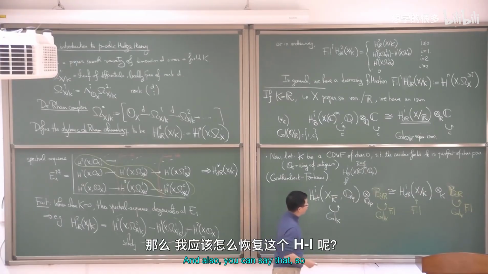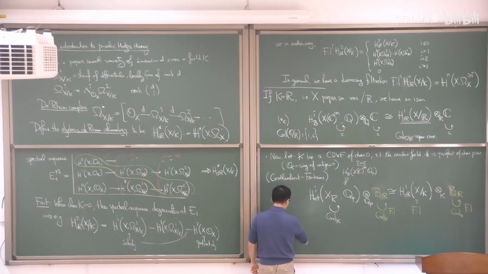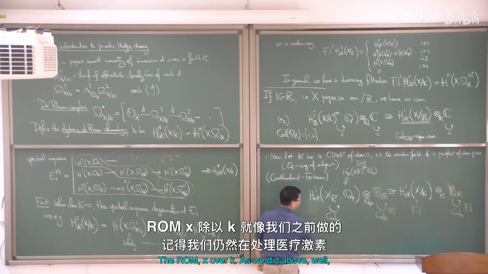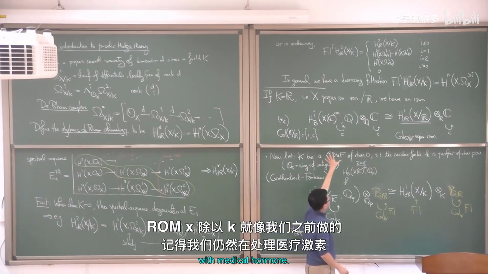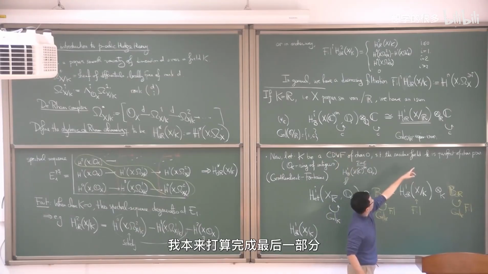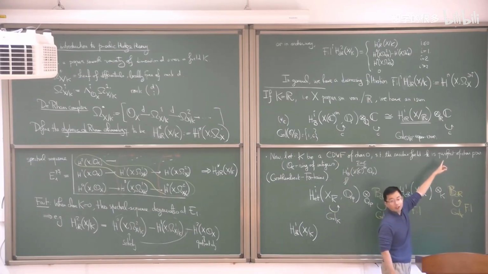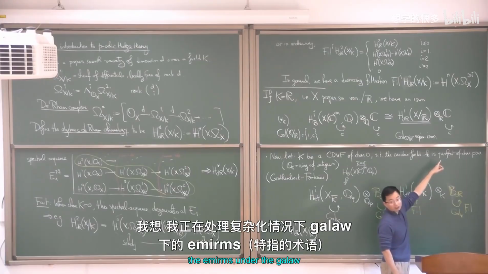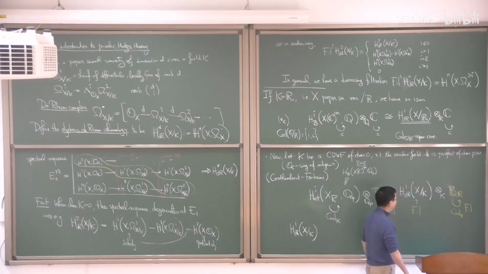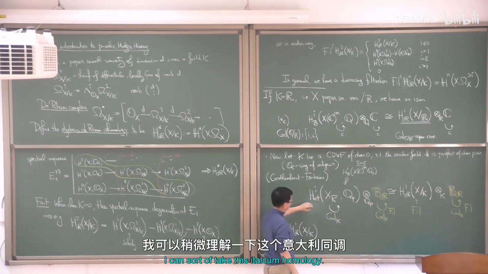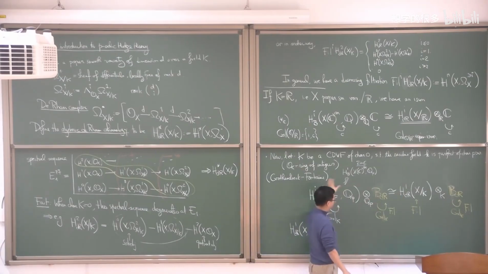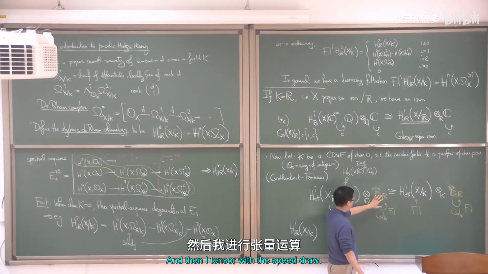And also, how do I recover this H^i_dR(X over K), as we did above? Remember how we did it: we started with the Betti cohomology, and then I basically need to kill the last part by taking invariants under the Galois group, which gives complex conjugation. Now I can do the same thing. I can take this étale cohomology and tensor with B_dR.